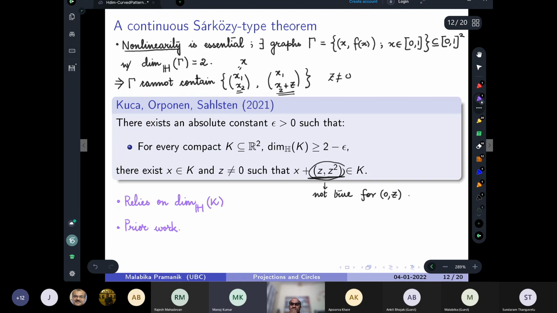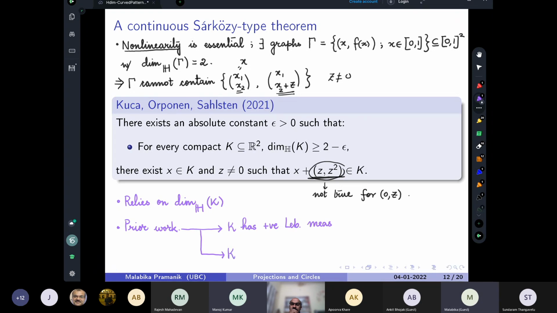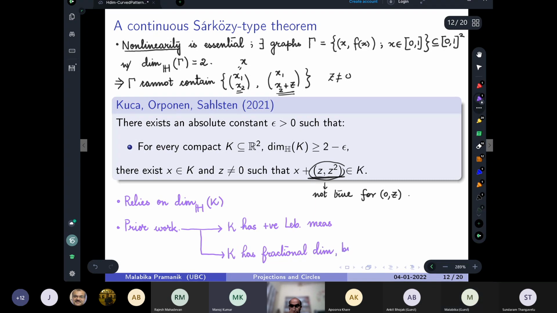Either the prior work used the fact that K had positive Lebesgue measure, or K has Lebesgue measure 0, so K has fractional dimension, but we had to put additional restrictions, but had to support measures which have Fourier decay.